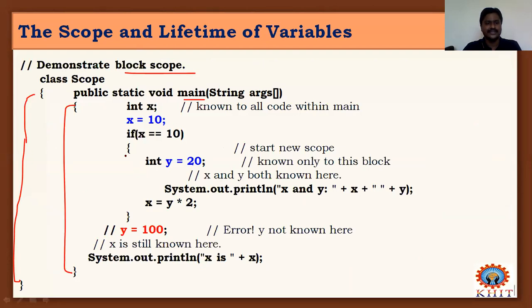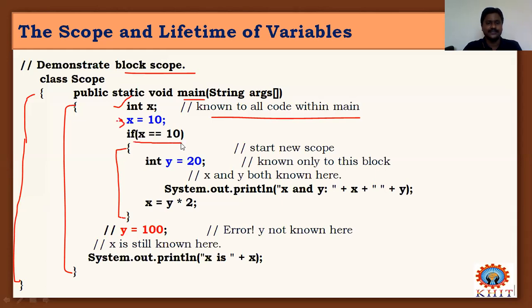Inside this, I have an if condition, and this is the scope of the if condition. In the main scope, I have defined one variable called x. This is known to all code within main. Within main, wherever you write instructions, this variable can be used anywhere in this scope. I initialize x equal to 10.